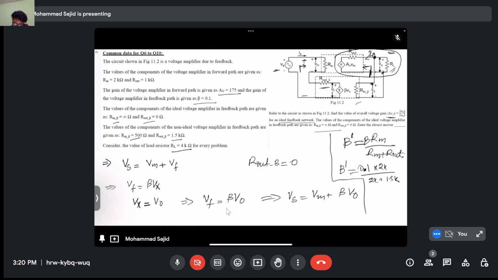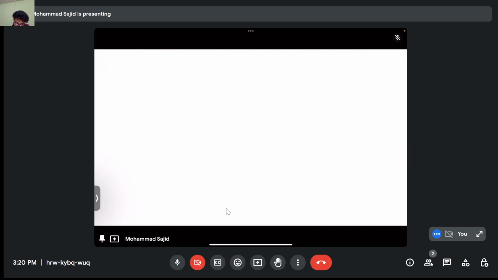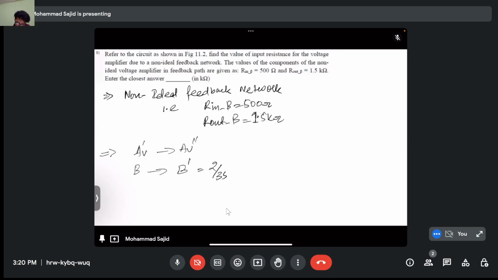This is R out B, sorry, this one, R out B is 1.5K. So your beta dash, if you do the calculation, comes out to be 2 by 35. This is your beta dash, right? So this is beta dash 2 by 35.